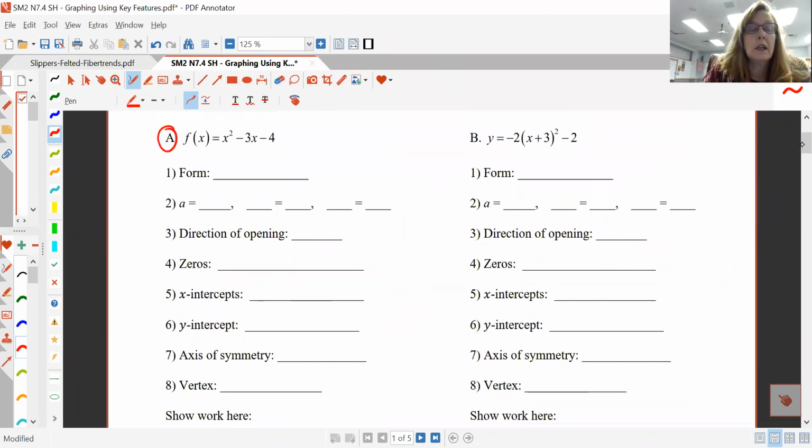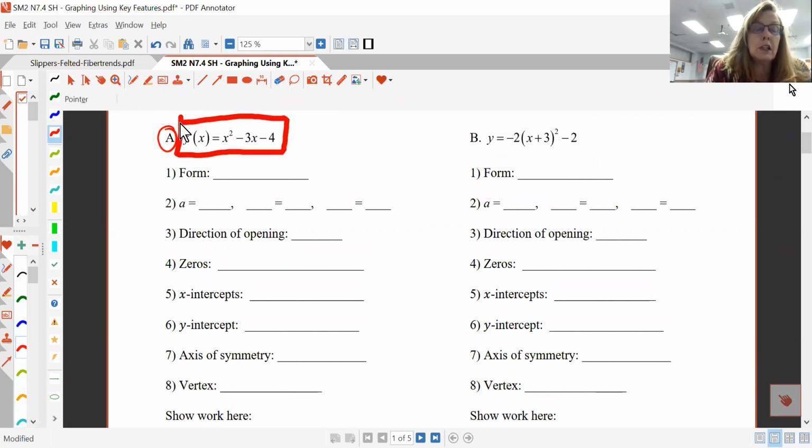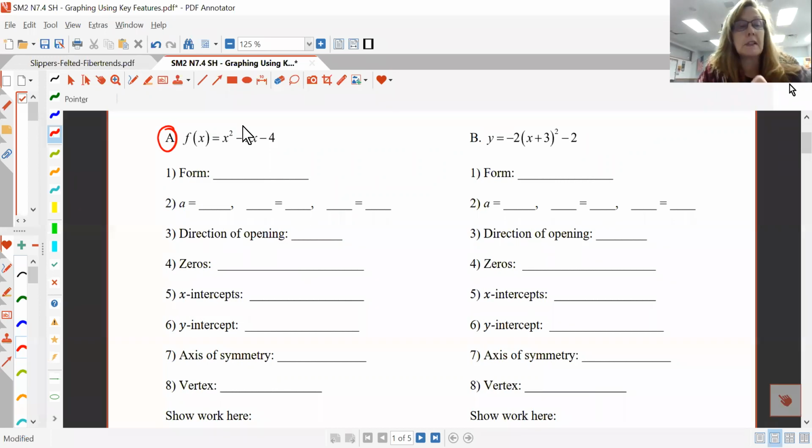So basically, we have three formats for our quadratics, all right? And this one, if I look at it, so I'm looking here at the equation, and what I see is a square, a variable squared, x squared, and I see an x, and there are no parentheses.